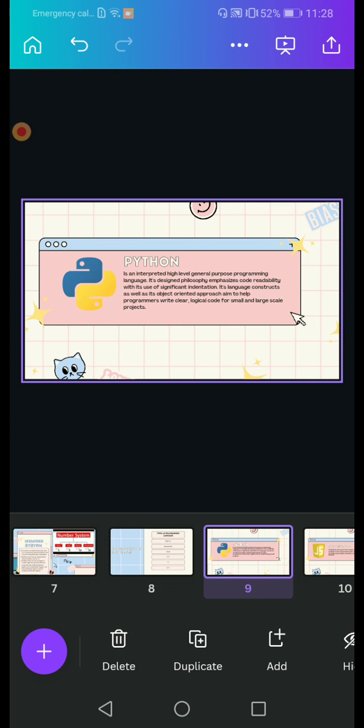Its design philosophy emphasizes code reliability with its use of significant indentation. Its language constructs, as well as its object-oriented approach, aim to help programmers write clear, logical code for small and large-scale projects.